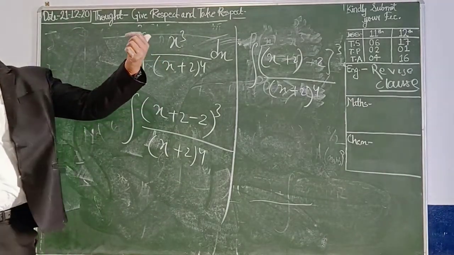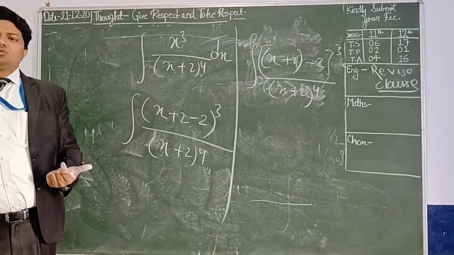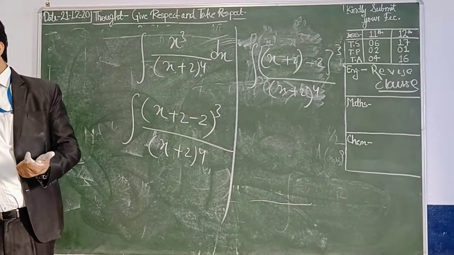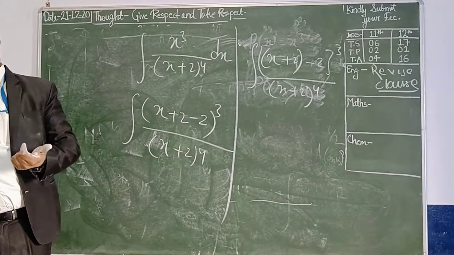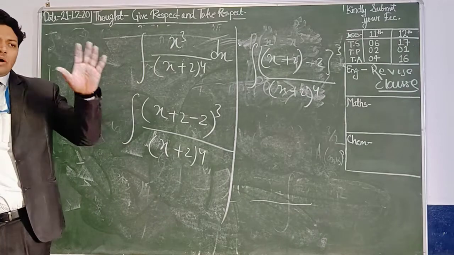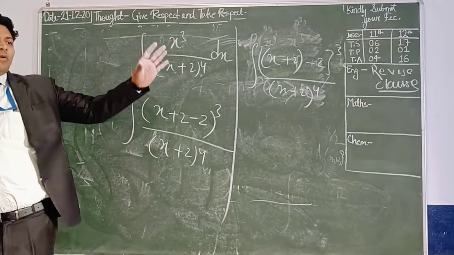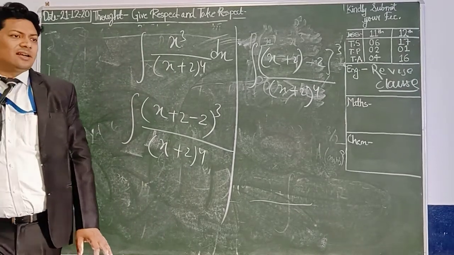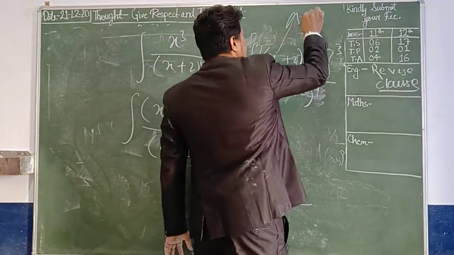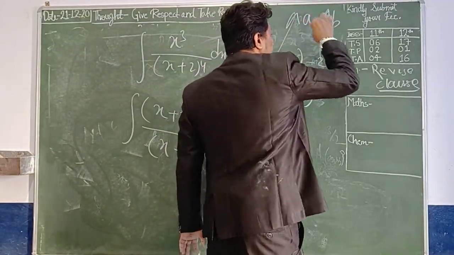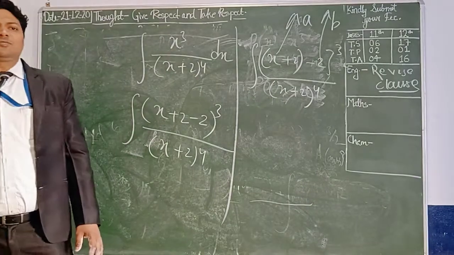Now, what will we do in this? X plus 2 minus 2 whole cube divided by x plus 2 power 2. Clear? What will you get? X plus 2 works as a and 2 works as b. So it is a minus b whole cube.